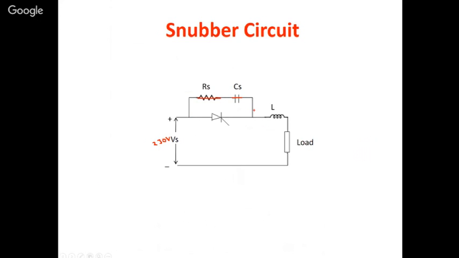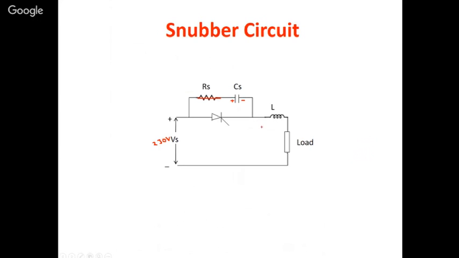When it is shorted, what will be the voltage across the SCR? It will be 0 volts. Initially, when you give DC, the capacitor acts like a short and the voltage across the thyristor is 0. Now the capacitor will start charging, say in this direction, plus and minus.